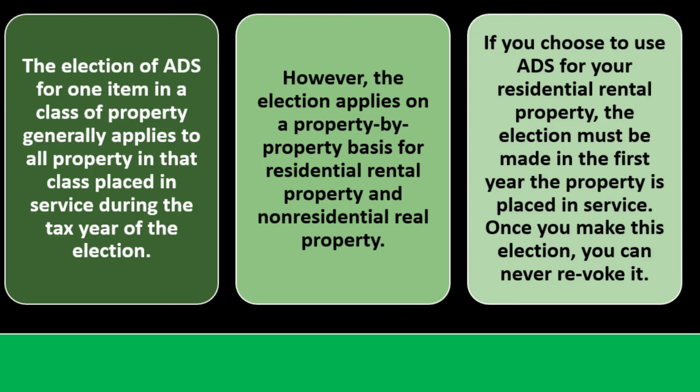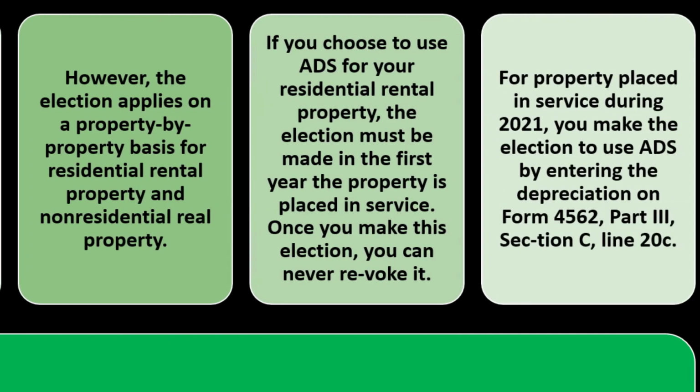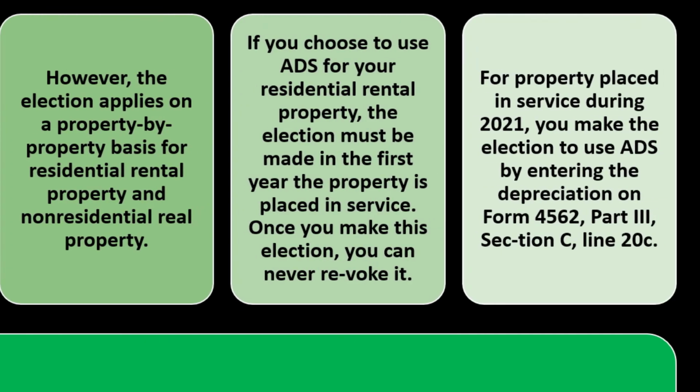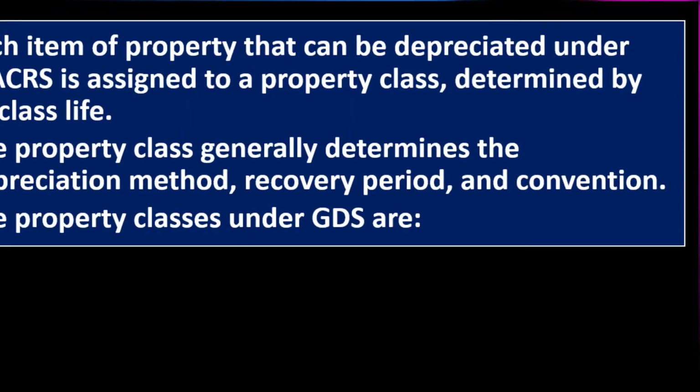So that's a big election for residential rental property because that's depreciated over a long period of time, as opposed to equipment, which is anywhere from 3 to 10 years or 7 years or something like that, which isn't quite as long as the rental property. So once you make this election, you can never revoke it. For property placed in service during 2021, you make the election to use ADS by entering the depreciation on Form 4562, Part 3, Section C, line 20C.